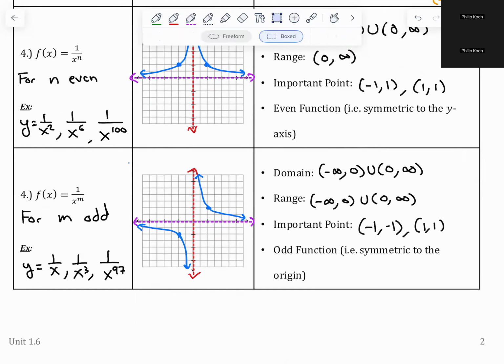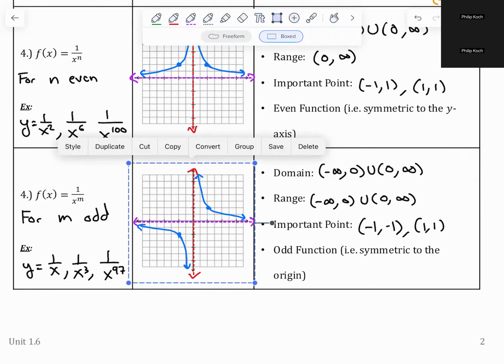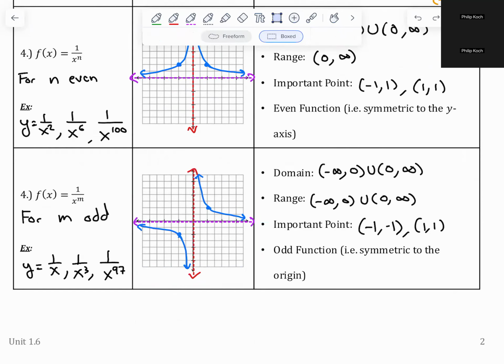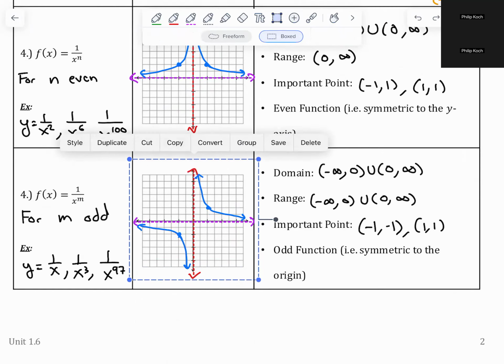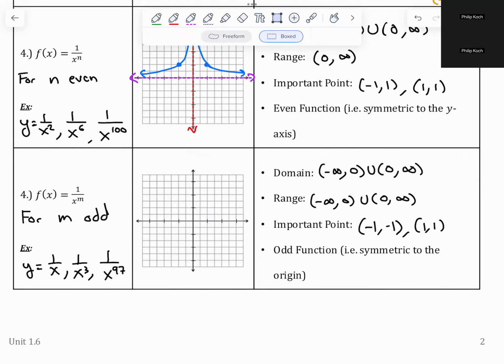I'm going to erase this for just a second. There's a step function which looks like this. It's denoted y equals, and there are two different step functions. That's how it's written, and it looks like this, because it makes steps.